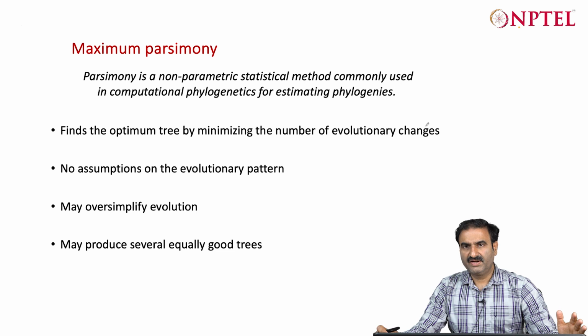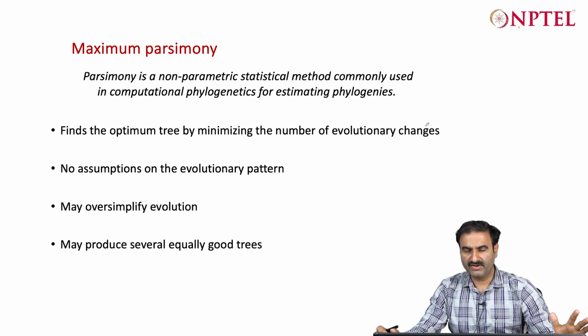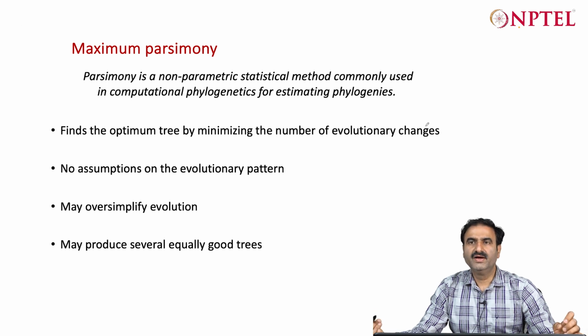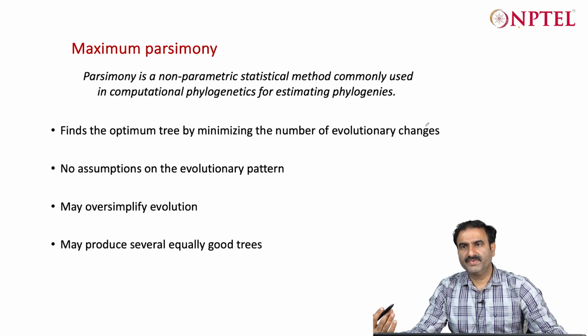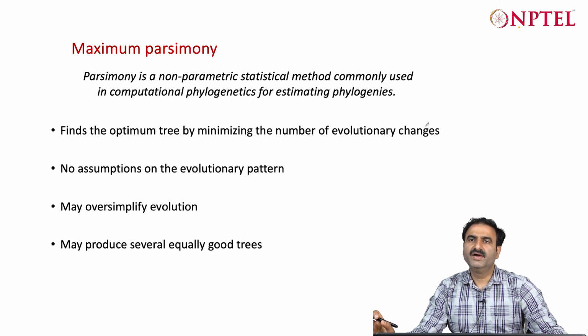So another method that we discussed earlier and today we are also touching is maximum parsimony, where you are looking at the characters, it could be DNA nucleotides or protein amino acids in the sequences that you have compared. So in parsimony you are giving importance to only some selected features or characters, right?